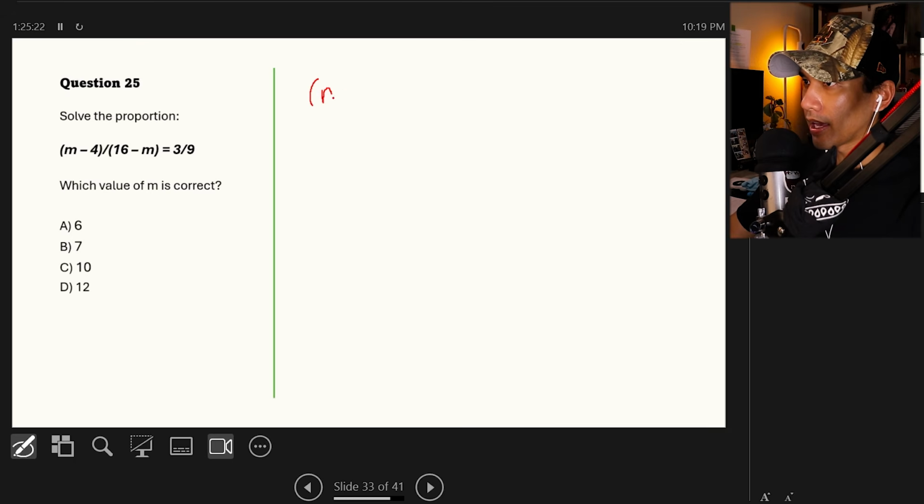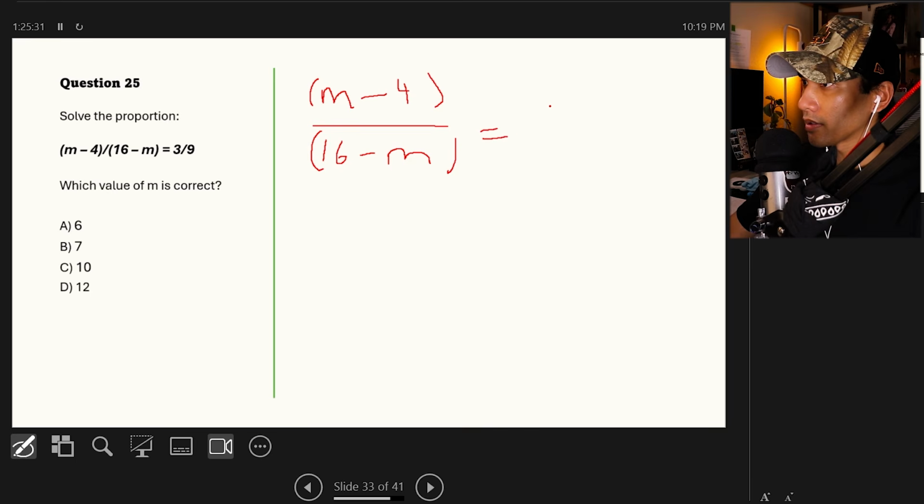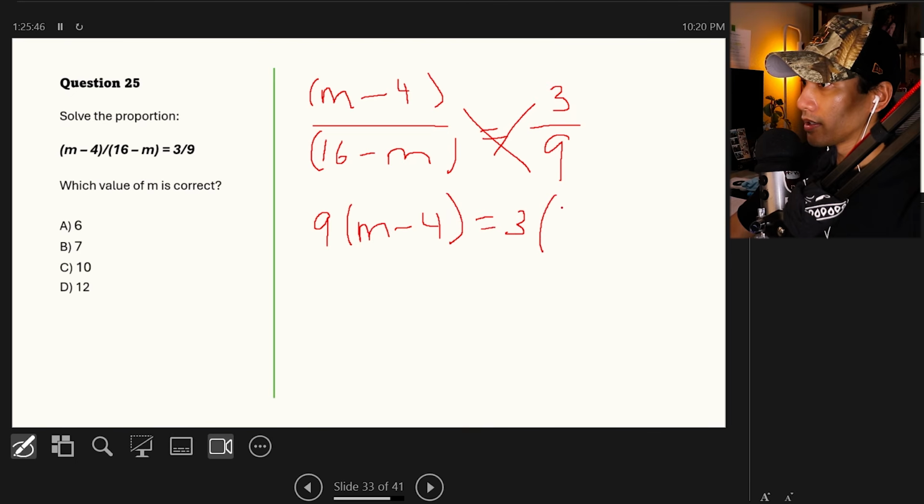So (m minus 4) over (16 minus m) equals 3 over 9. What you would do here is cross multiply. So it's 9 times (m minus 4) equals 3 times (16 minus m).